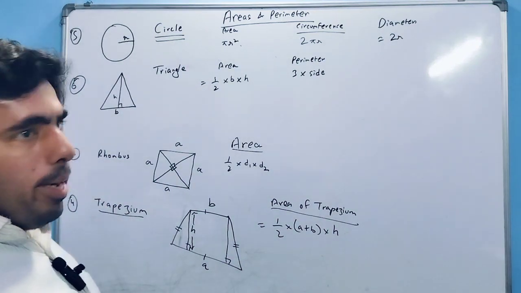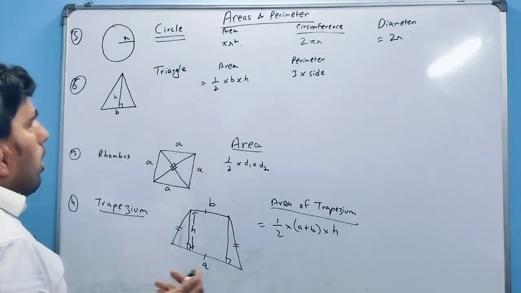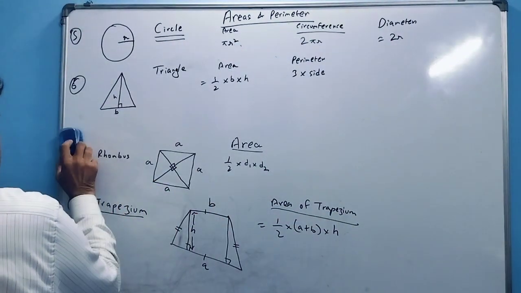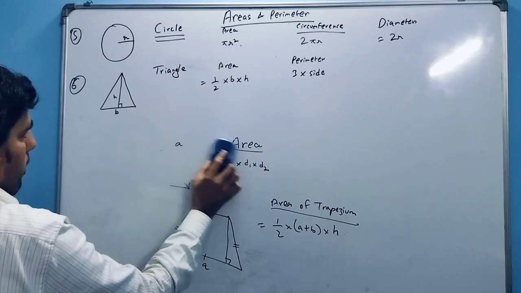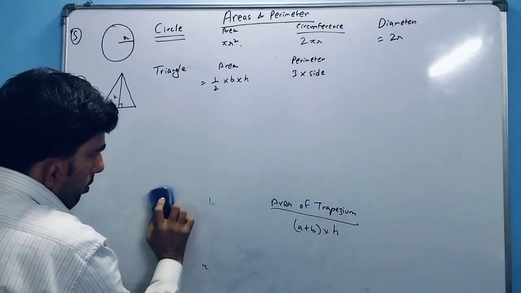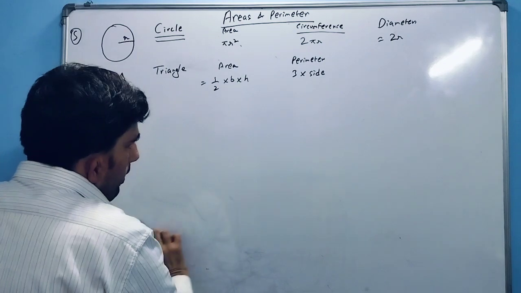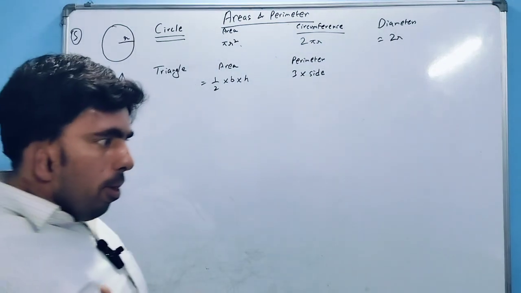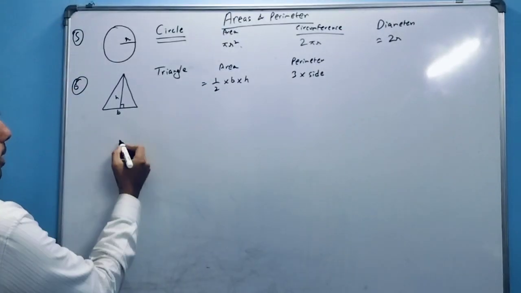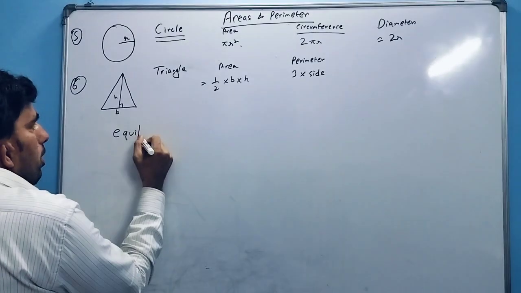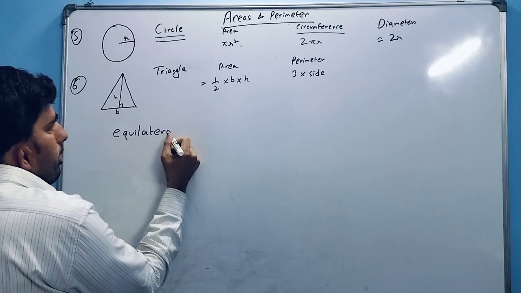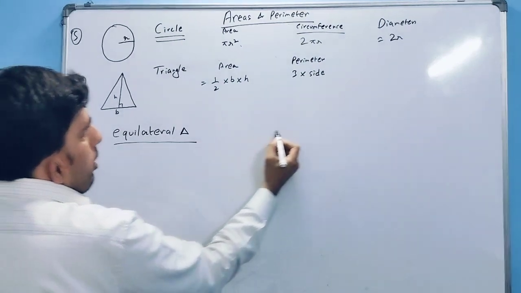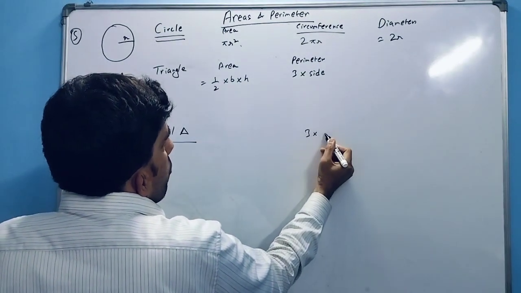If I need to find the area of an equilateral triangle, let us see. If the triangle is equilateral, then what will happen? We can easily find that a closed figure has at least 3 sides. So in a triangle, if I take the equilateral triangle with side a, then its perimeter will be 3 into a.